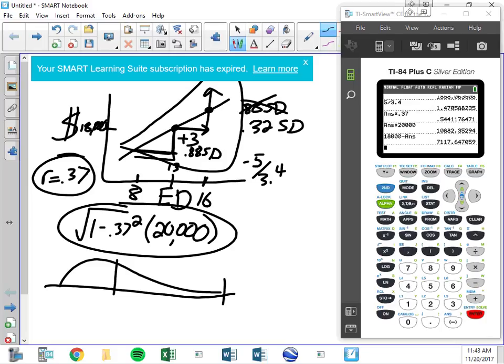Fill in the blanks. The average age for all of the husbands is about, where would you put X bar? About 50. The SD is about 15. The correlation between the ages of all the husbands and wives is about... Is this a high correlation or a low correlation?